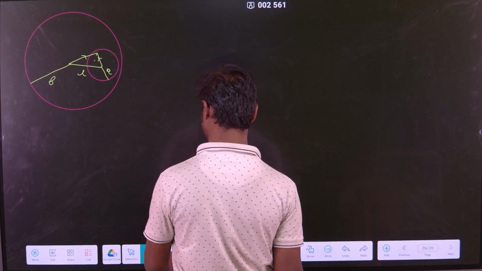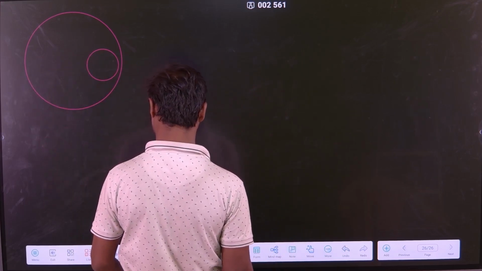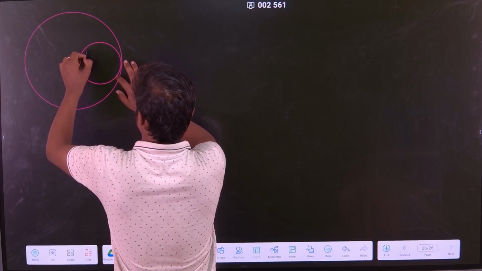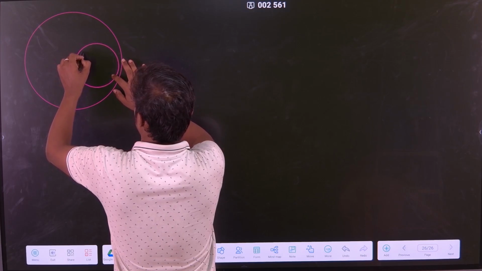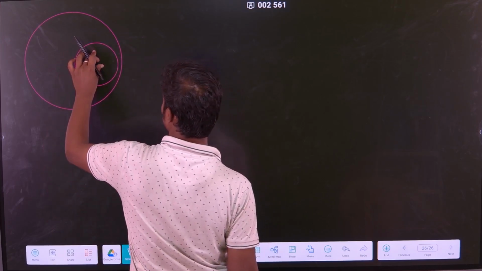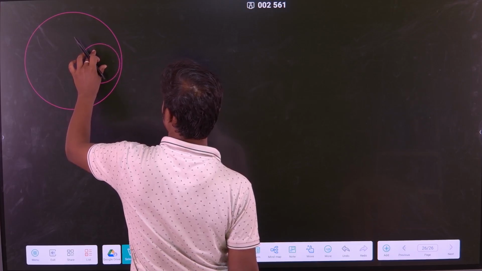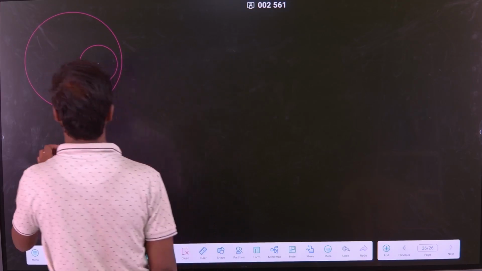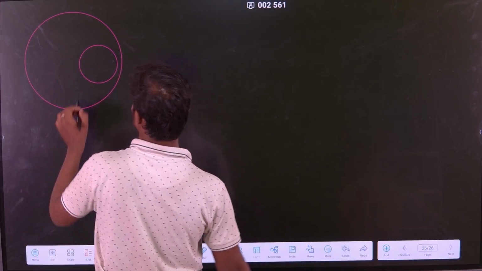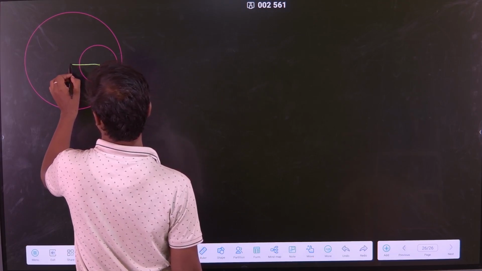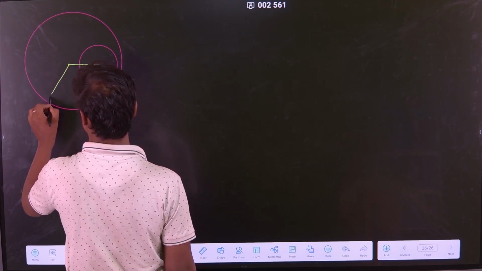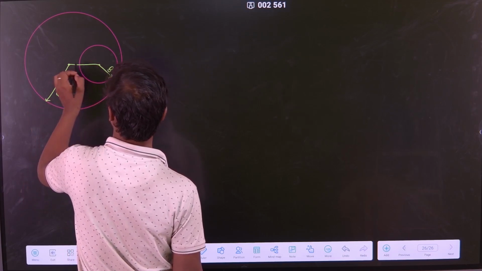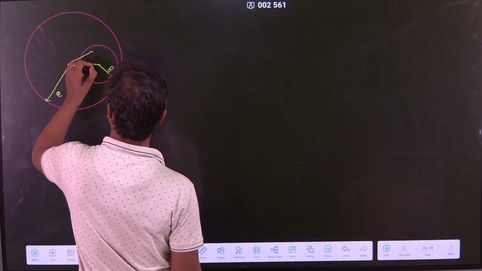It is not clear, let me draw it properly for you, otherwise you won't understand. So this is the cavity, this is the center, this is the center for this. This is radius A, this is radius B.